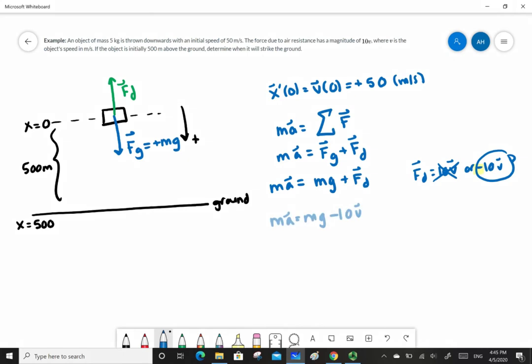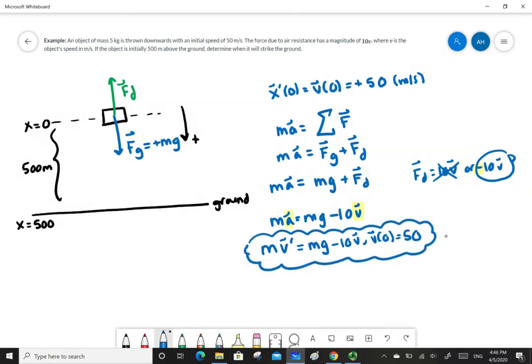Now that we have ma equals mg minus 10v, we can see that we only have acceleration and velocity, no position in our equation. So it makes the most sense to replace a with v prime, giving us the initial value problem mv prime equals mg minus 10v, where v of 0 equals 50.